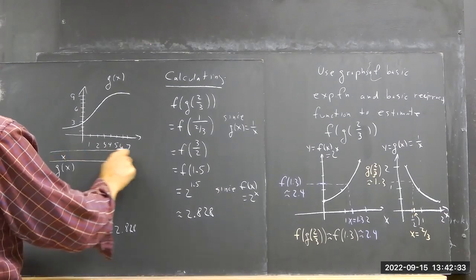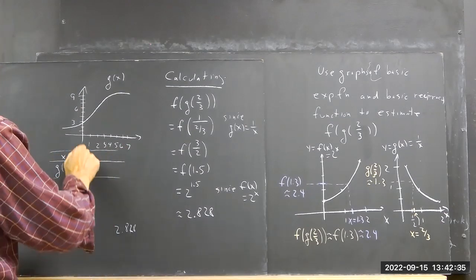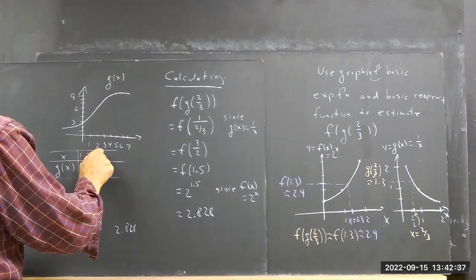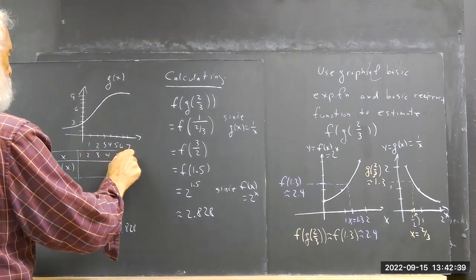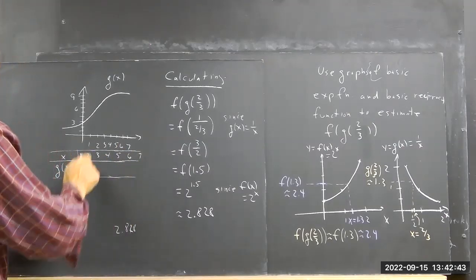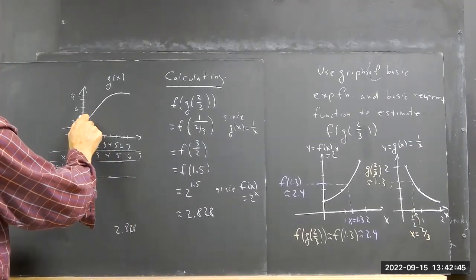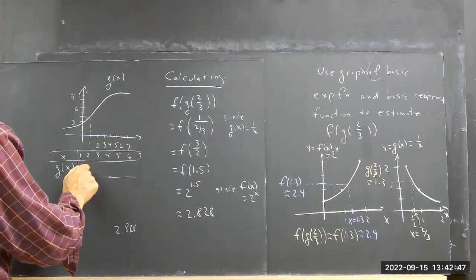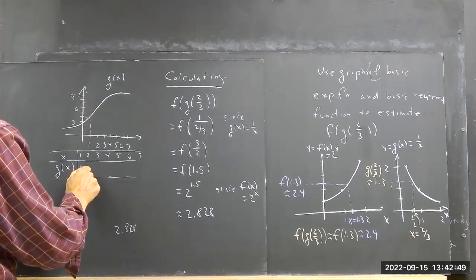A lot of times you run the table horizontally. I'm not going to fill in the whole table, but I can make estimates here. I'm going to say for 1, we get about 3.8.